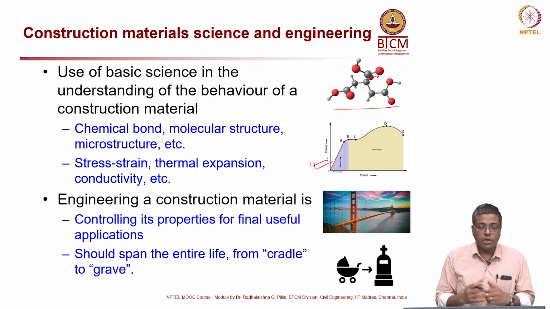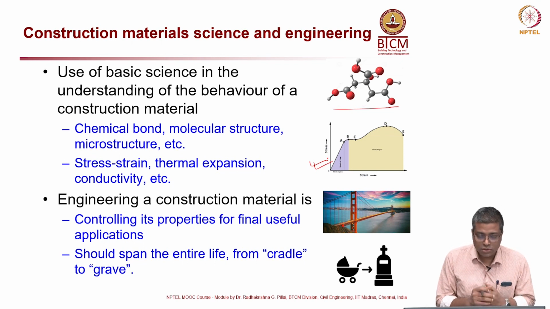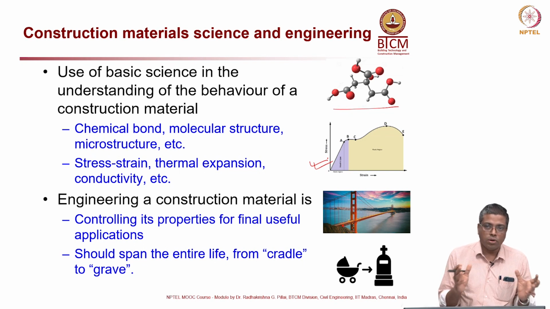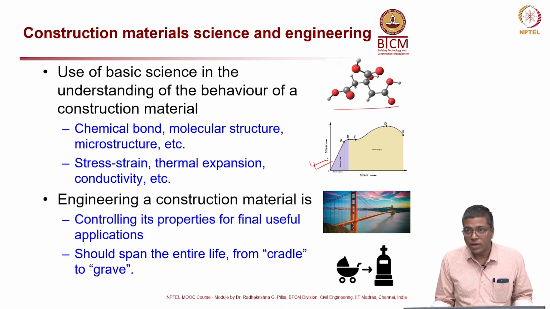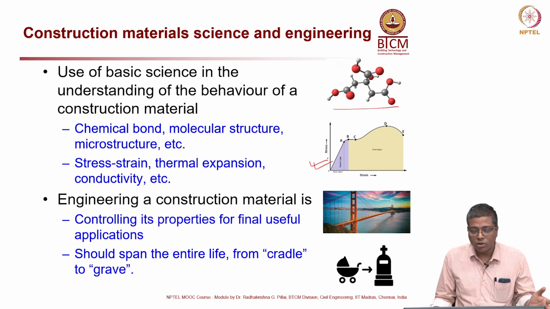And then once we know the stress strain behavior, or let us say thermal expansion or thermal conductivity, how the material behaves when it is applied either a mechanical load or an environmental load. So, that is something very, very important. And when a material is experiencing a mechanical or an environmental load, its behavior could be very different depending on the type of applications or depending on the place where the material is used, etc.